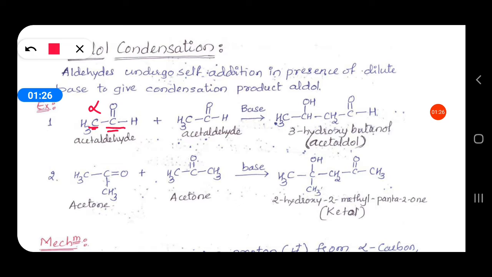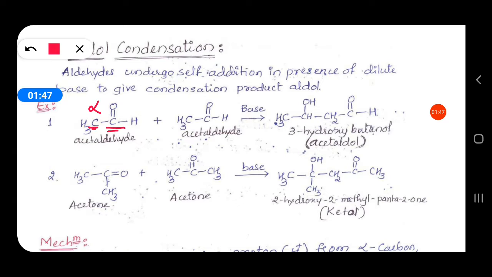So aldehydes and ketones which contain alpha hydrogen undergo this reaction. In presence of a base, they undergo self-addition and give the addition product or condensation product called aldol.